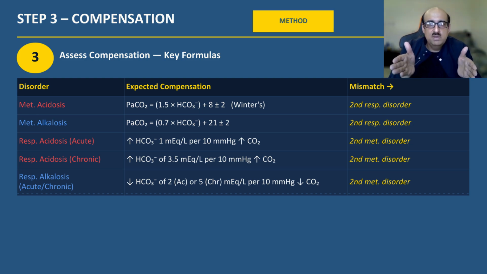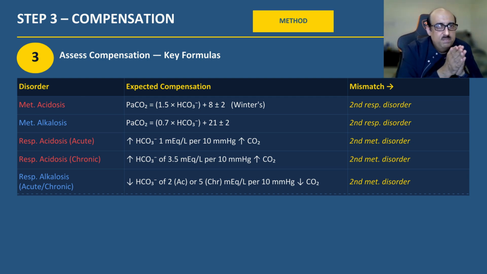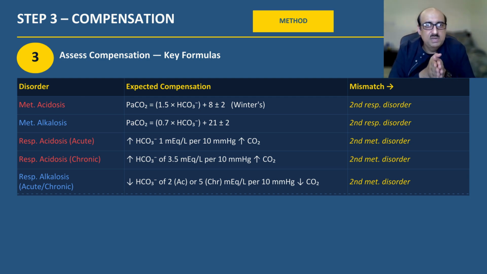So if these numbers fall within this range, then it's an expected compensation. The disorder is primarily respiratory alkalosis without any secondary metabolic disorder. However, if the numbers fall out of this range, then it's a secondary metabolic disorder, which is a mismatch.